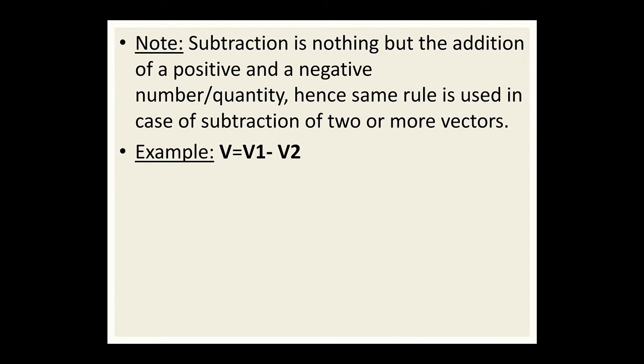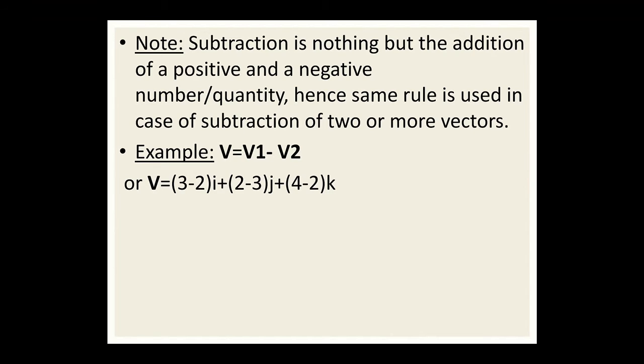So how to get your v? Simply subtract the x component of v1 and v2. Similarly, the y component of v1 and v2 and the z component of v1 and v2.